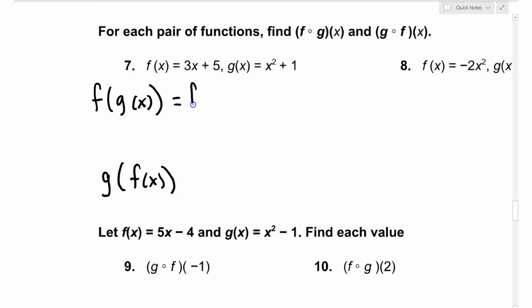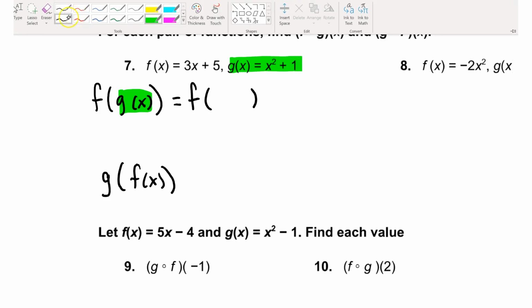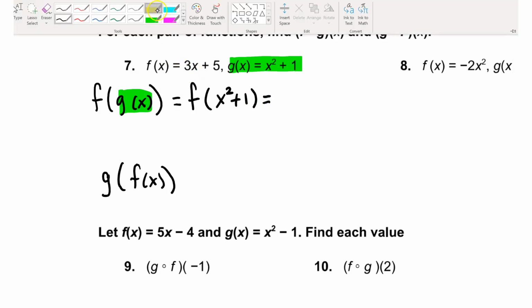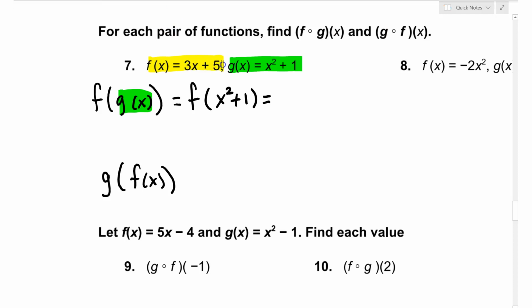So we have f, and so now the input is g of x, and here is g of x. So the input is x squared plus 1. So we're going to use f as our process.